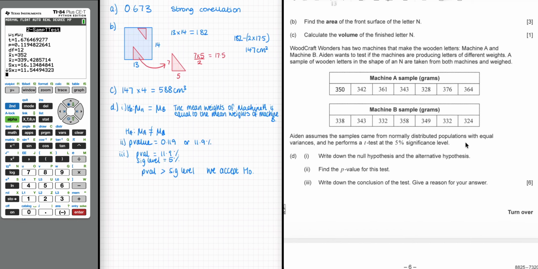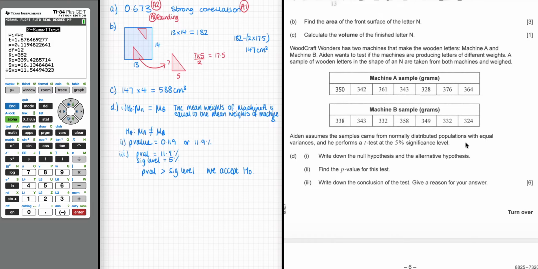In terms of marking, the first part of the question is actually 4 marks, so 2 of them are for correctly writing down this answer, with 1 of them also being attributed to rounding. And then there is a fourth mark for correctly reading the table, that it was strong correlation.